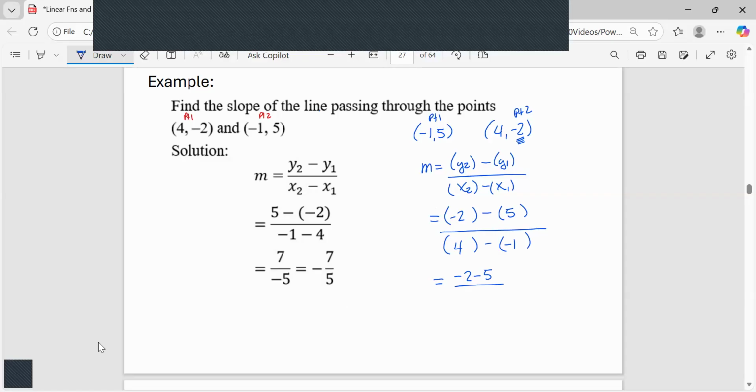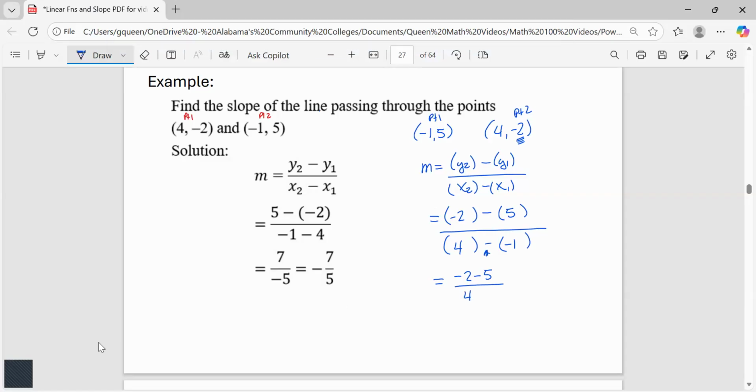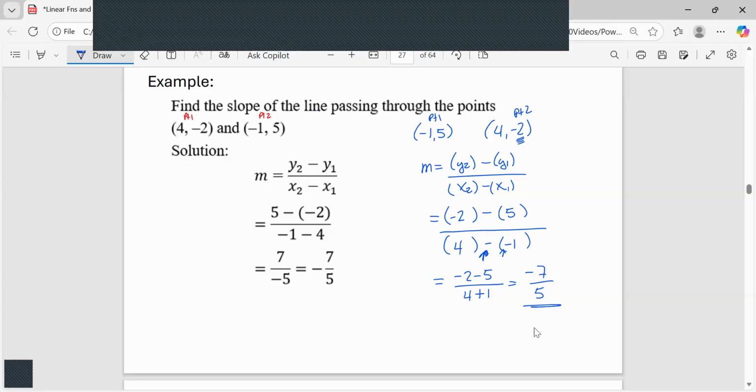And on the bottom, I'm going to have 4 minus a negative number. I have 2 negatives in a row here. That's going to be 4 plus 1. So I end up having -7 over +5. And this fraction is read as what? -7/5. It's the same answer that we got over here.